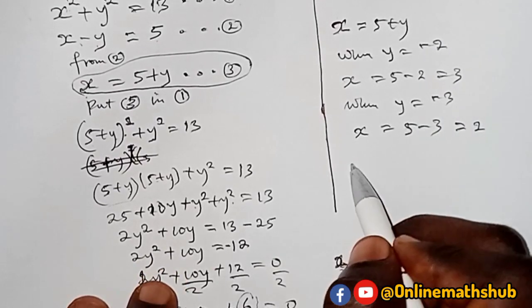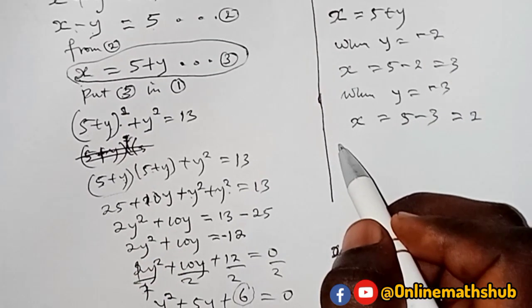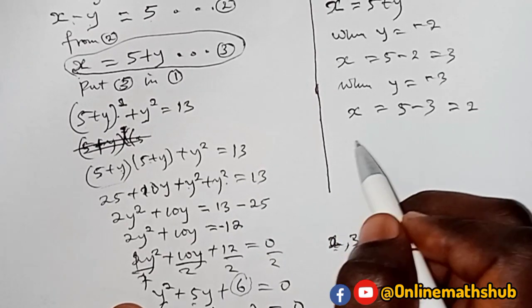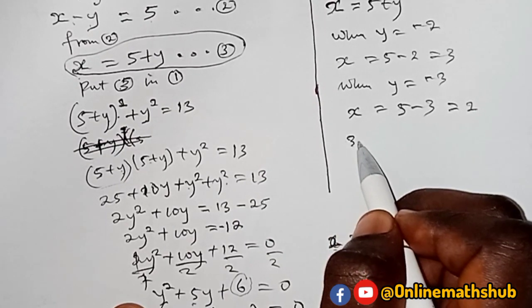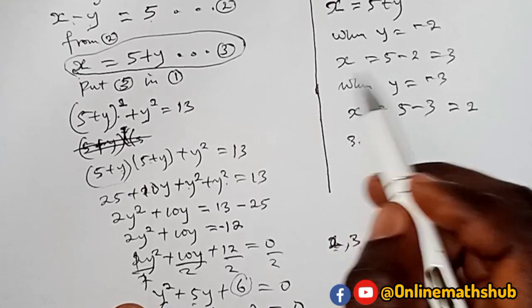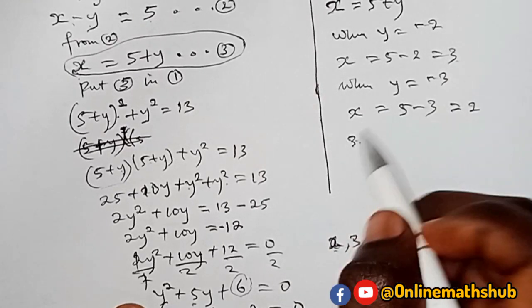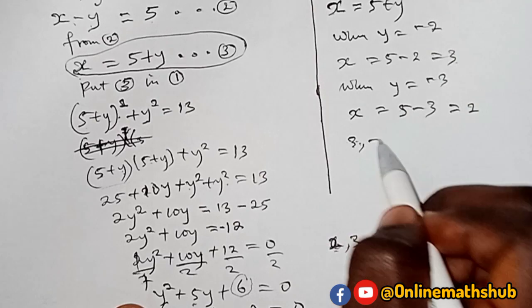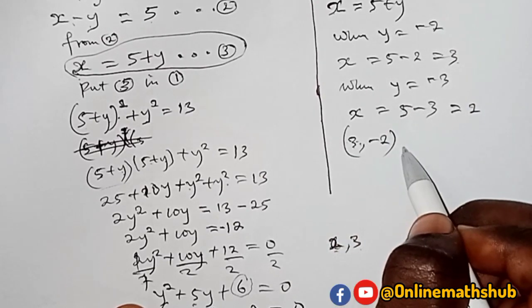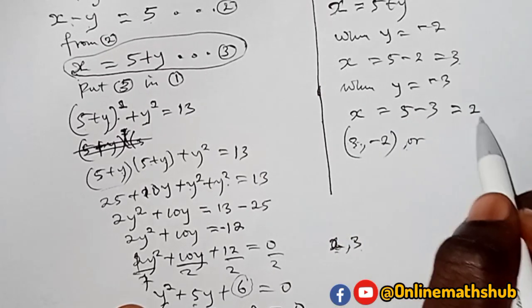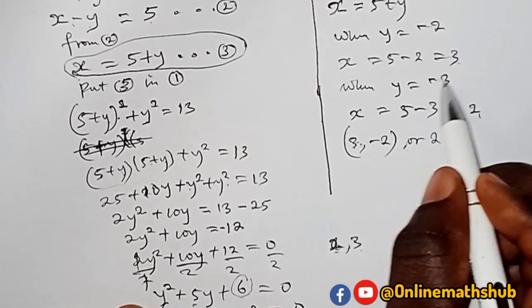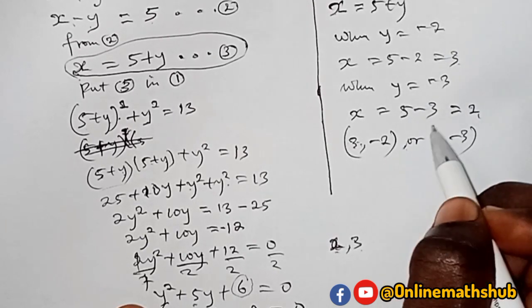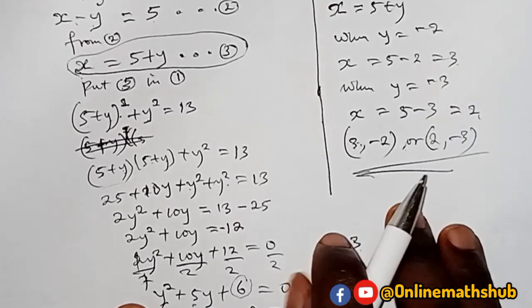So we now have our solution set: when x is 3, our y is equal to minus 2, so we have (3, minus 2), or when x is equal to 2, our y is equal to minus 3. So this is going to be our final answer.